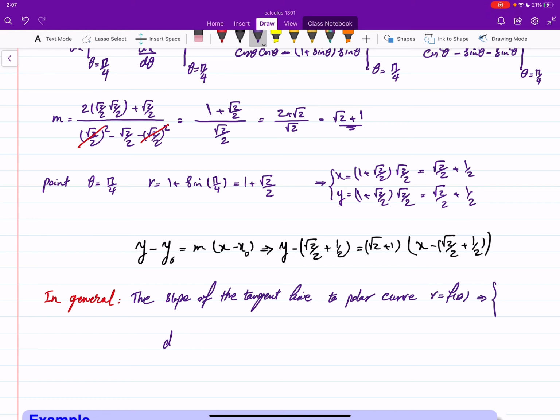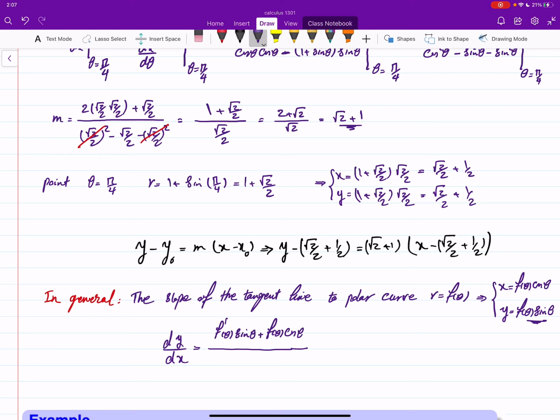can turn x to f(theta) cosine theta, y to f(theta) sine theta, and then dy/dx is going to be the derivative of y with respect to theta, which is f prime theta sine theta plus f theta cosine theta.